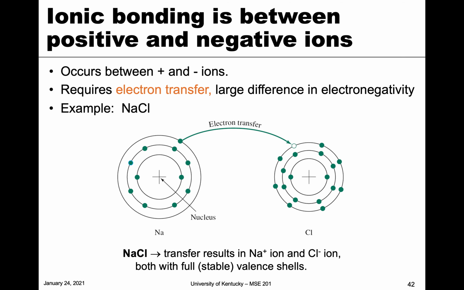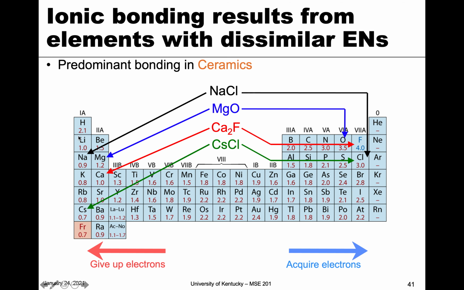As you may be aware from basic chemistry classes, ionic bonding is the result of bonding between positive and negative ions. The elements that we saw in the previous slide on the left really want to give up electrons to become positive ions, and those on the right really want to gain electrons to become negative.